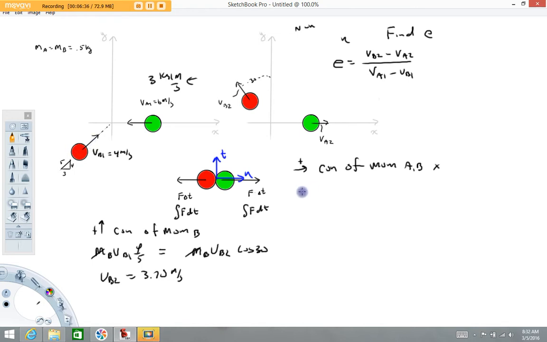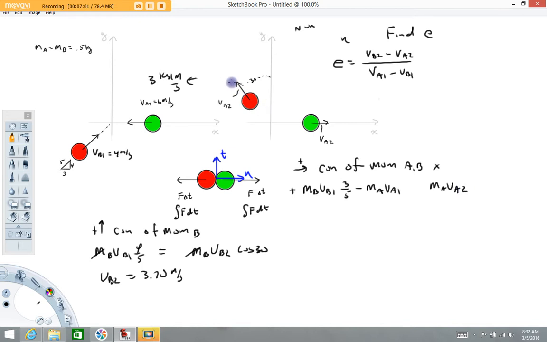This guy's x momentum is going to be mb VB1, and I'm going to go ahead and multiply that by cosine theta, or 3/5, positive because it points right. This guy's x momentum, we're going to have minus MA VA1. No sines or cosines required because that thing points directly to the left. All right, momentum in this picture, we're going to have MA VA2.